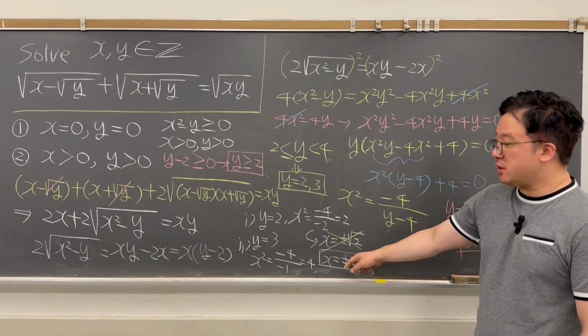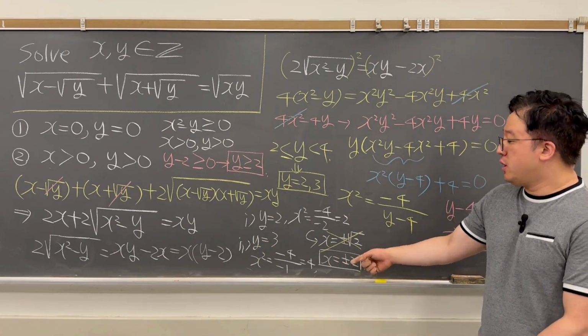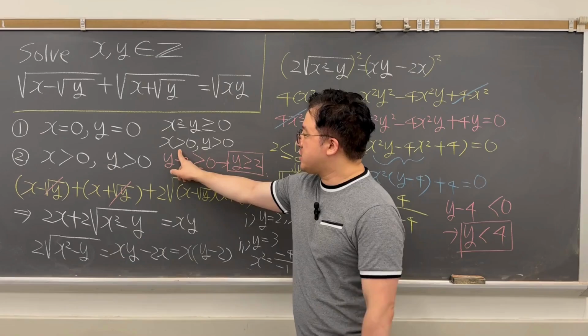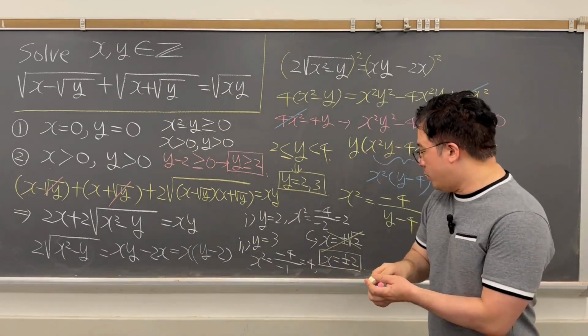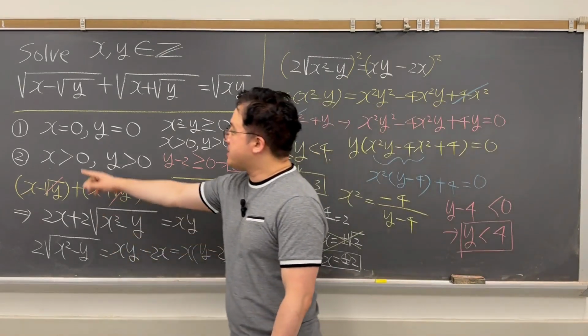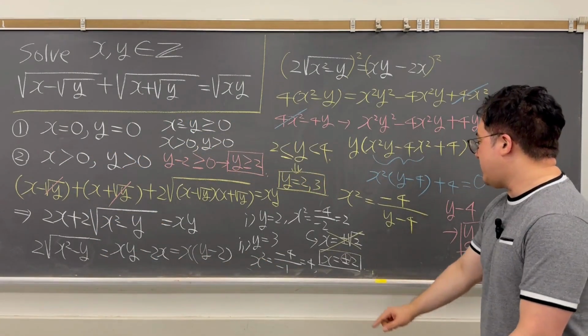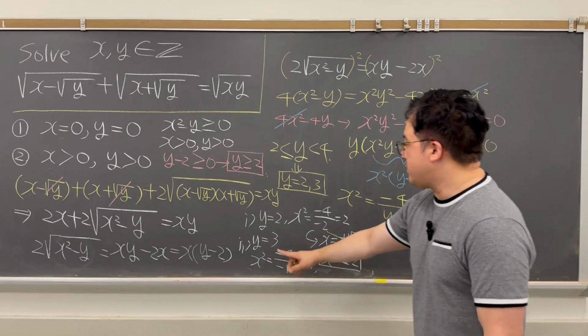Okay, based on our calculation for case number 2, when y is equal to 3, your x turns out to be plus or minus 2. But then again, we assume that your x is strictly greater than 0. That means we only need to take the positive sign. So that's why, other than when x and y are both equal to 0, the second solution is x equal to positive 2 and y equal to 3.